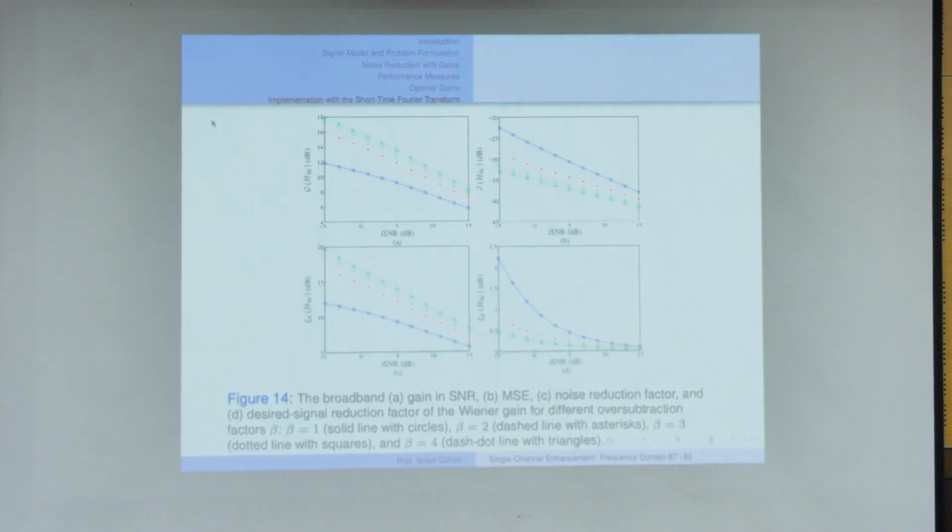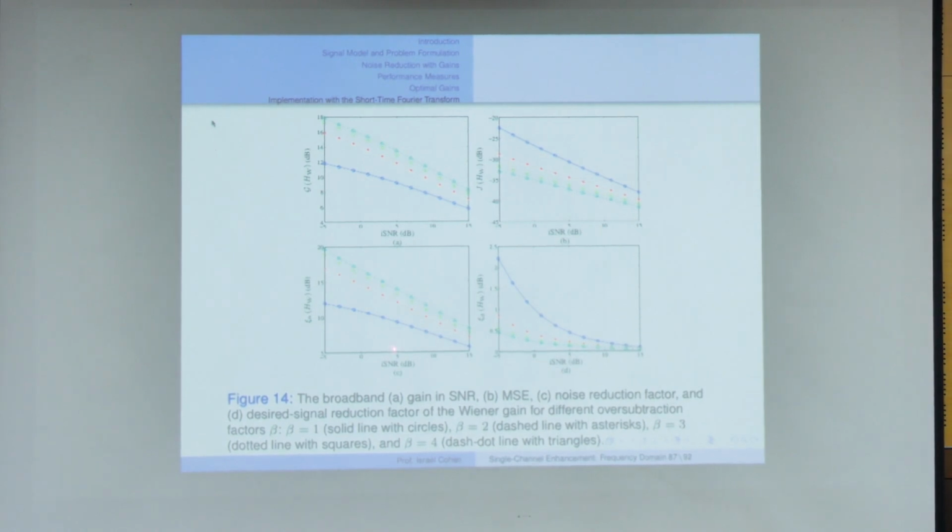The distortion is in weak speech components, not the strong speech components. Because when we reduce noise, we want to suppress only the lowest SNR components, so we have less distortion. But still we have distortion.